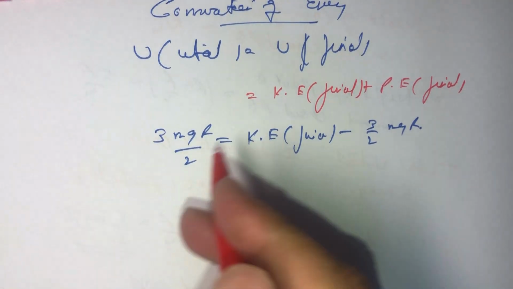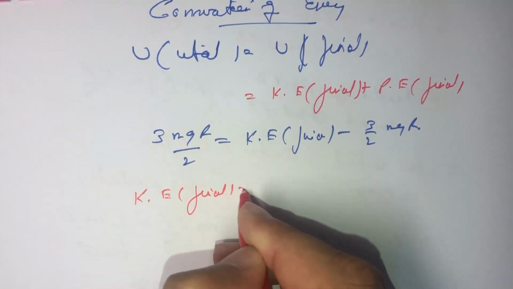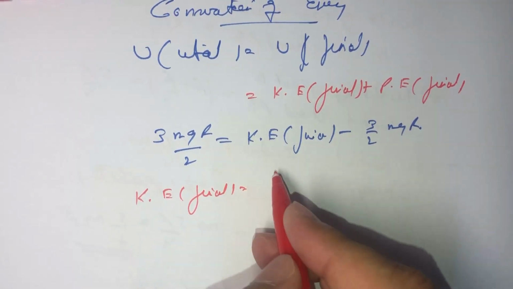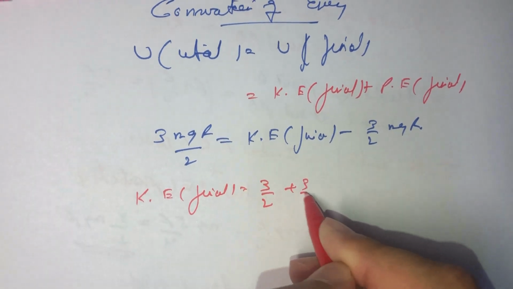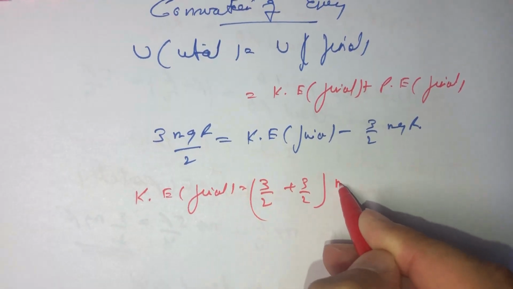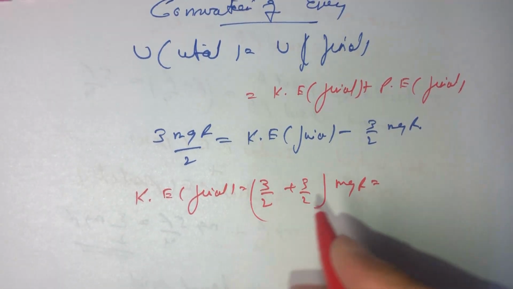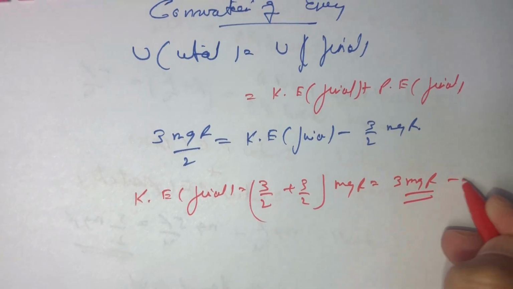So from here we can find out that our kinetic energy final will be equal to 3 by 2 plus 3 by 2 mgr, and this is equal to 3 mgr. Let this be equation number 1.